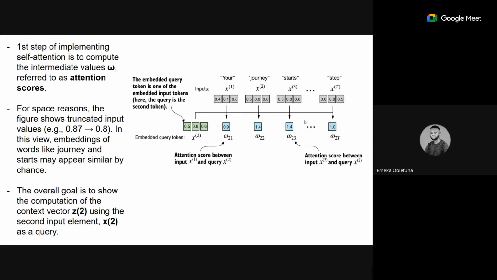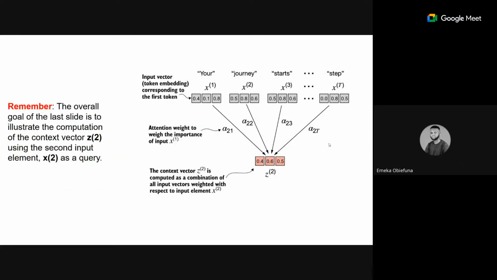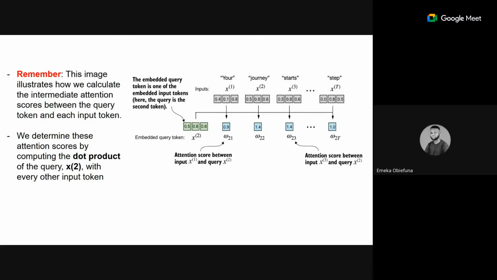So that's exactly what's going on here. Now, once you've gotten this attention score, you can then use it to compute the context vector. Remember, what this image is trying to tell us is we are trying to compute the context vector of the second input token that we have here, which is the reason why we made the input vector of the second input token to be our query token here.